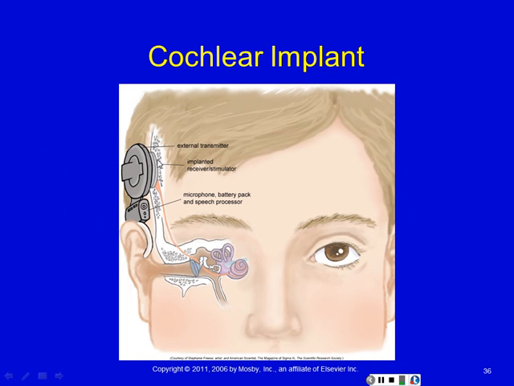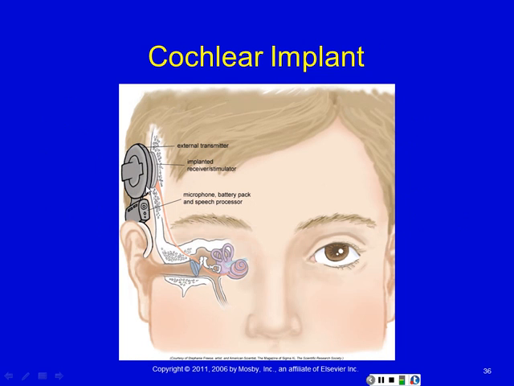Inside the skull, there's a receiver/stimulator that's wired up to the cochlear organ here. And then on the outside, they're usually connected with a magnet. There's an external transmitter with a microphone, a battery pack, and a little computer inside.